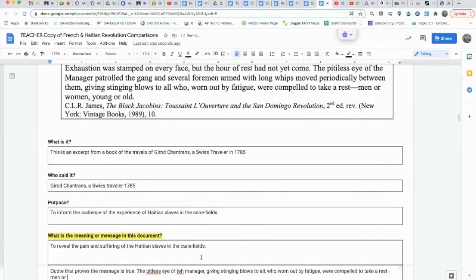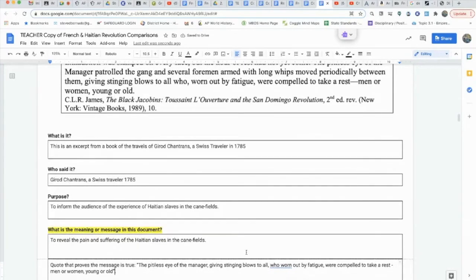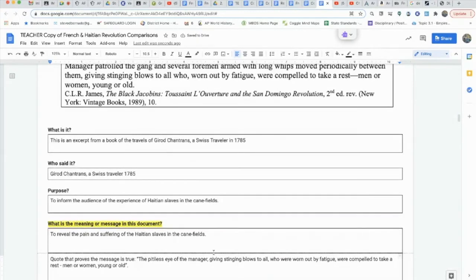Men or women, young or old." Remember, put it in quotes because you can use this to reveal the suffering which led to resentment and anger, which led to revolution. That's why we're doing this.